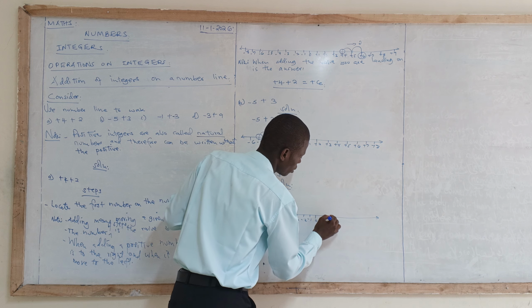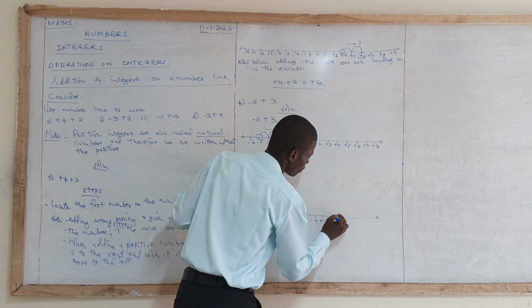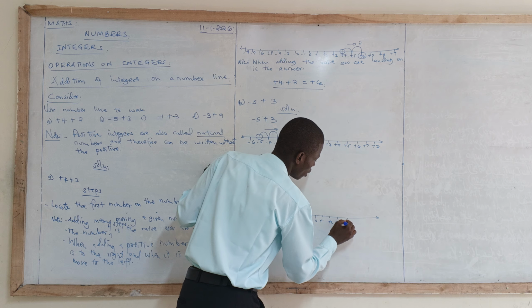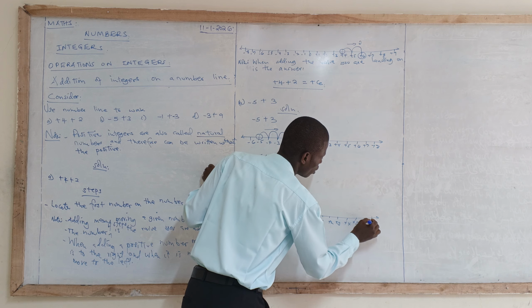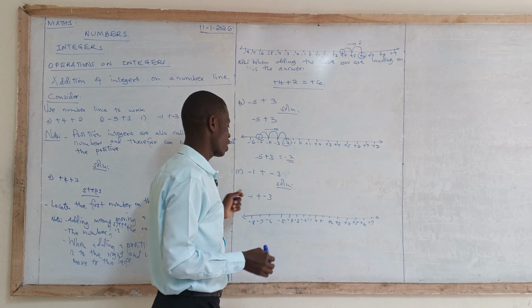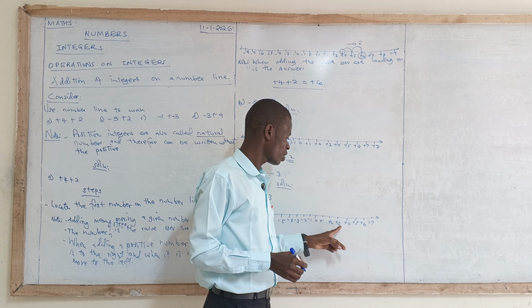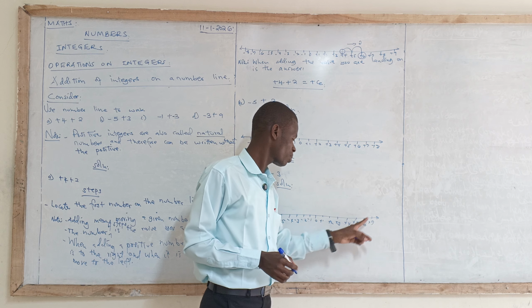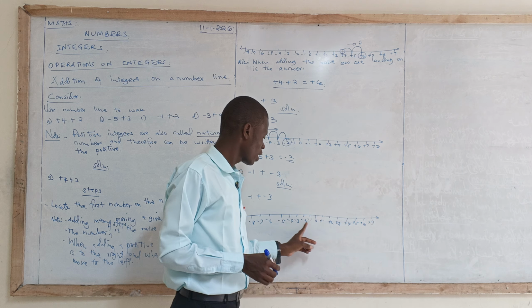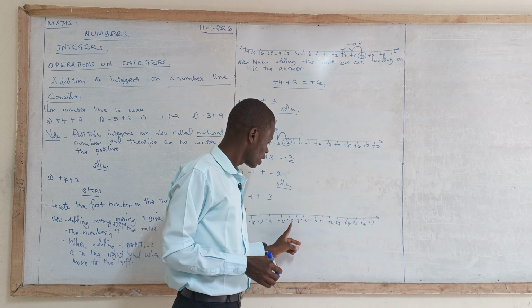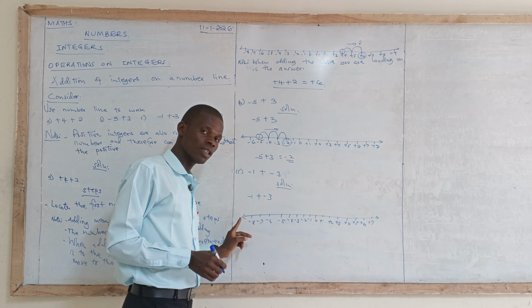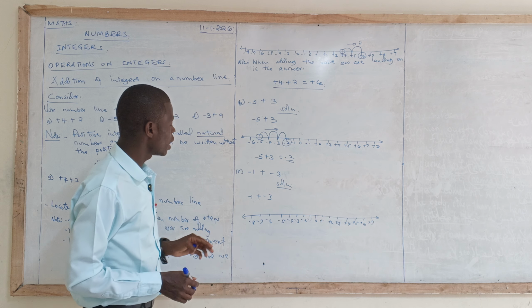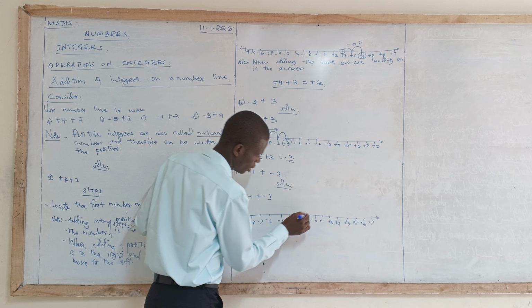Here positive 1, positive 2, positive 3, positive 4, positive 5, positive 6, positive 7. Locate the first number, negative 1. Negative 1 is here.